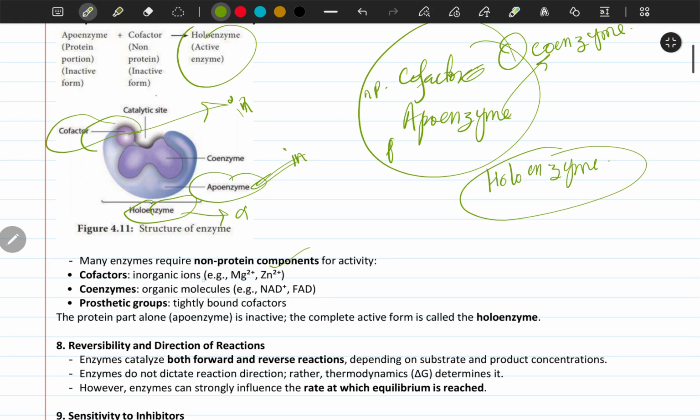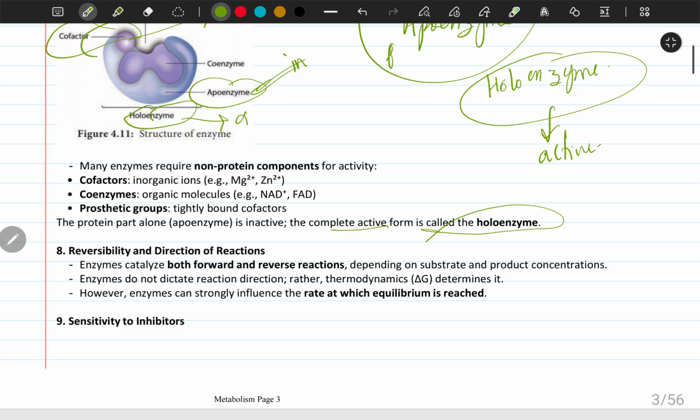Cofactors are inorganic ions like Mg2+ and Zn2+. Coenzymes are organic molecules. Prosthetic groups are tightly bound cofactors. The protein part alone, the apoenzyme, is inactive. The complete, active enzyme is called the holoenzyme.